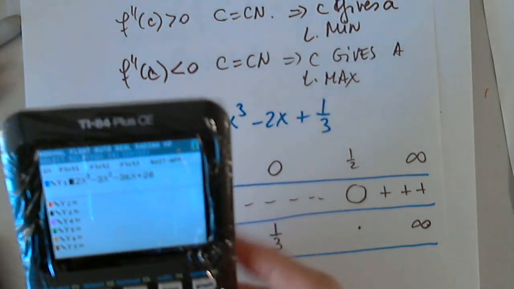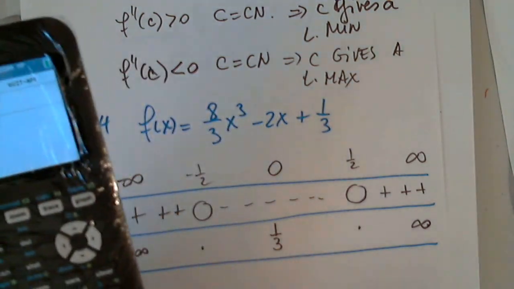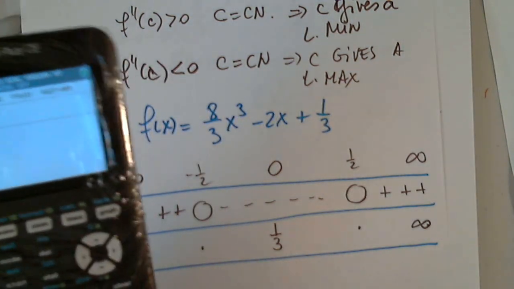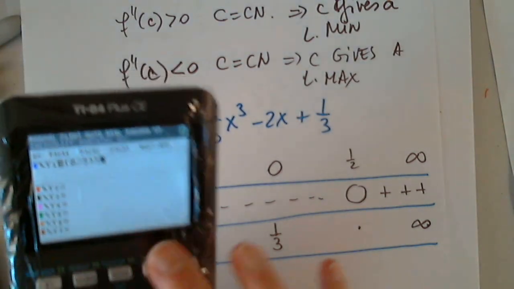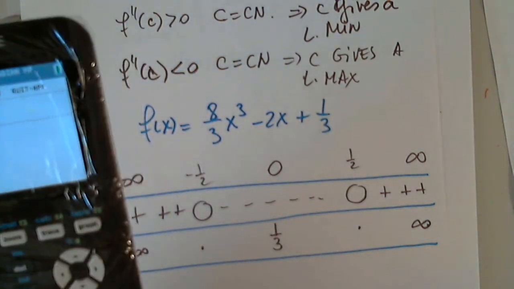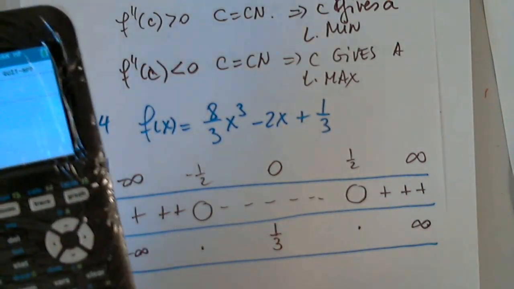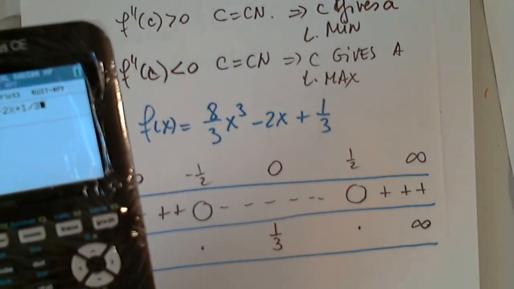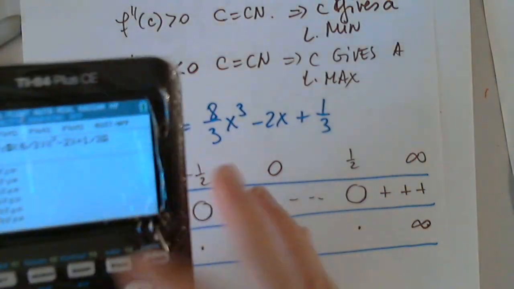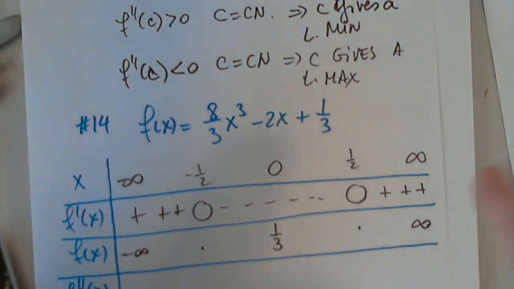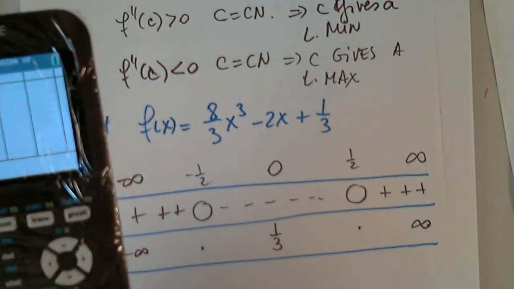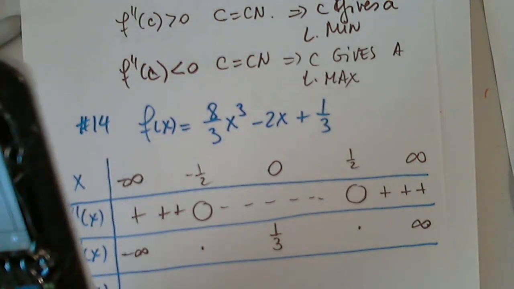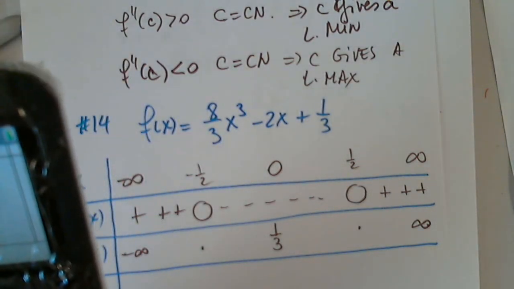So in y equals, and I have 8/3, please put it in parentheses, and then x to the third power, minus 2x, and plus 1 divided by 3. And then second and graph, I want negative 0.5 and I want 0.5. Negative 0.5 is 1.